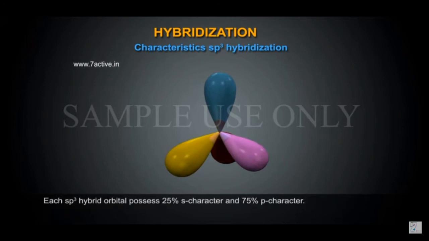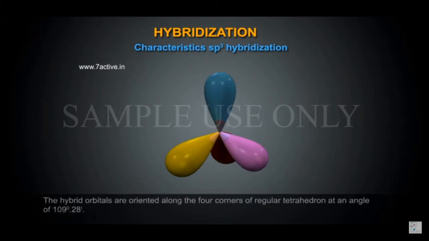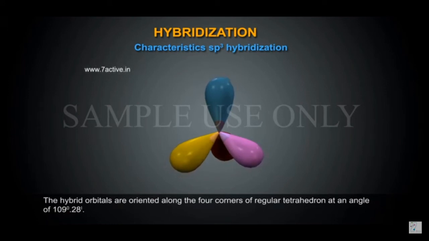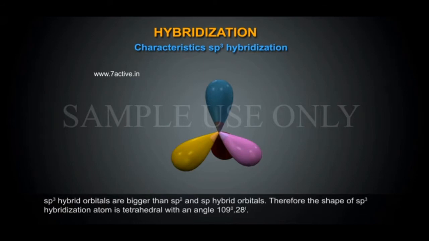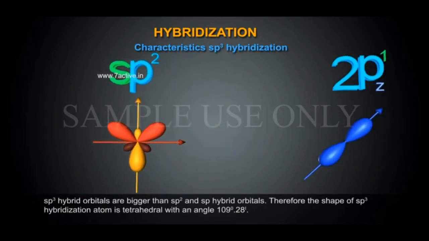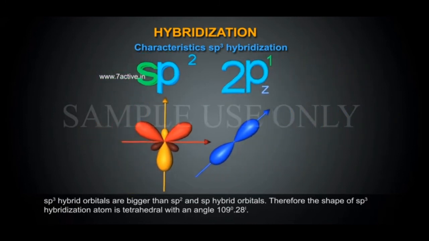Each sp3 hybrid orbital possesses 25% s character and 75% p character. The hybrid orbitals are oriented along the 4 corners of a regular tetrahedron at an angle of 109 degrees 28 minutes. Hence, this hybridization is called tetrahedral hybridization. sp3 hybrid orbitals are bigger than sp2 and sp hybrid orbitals.